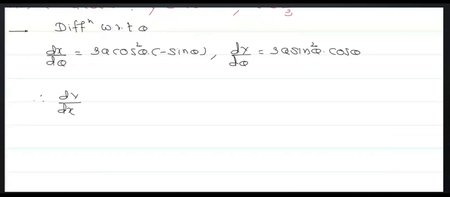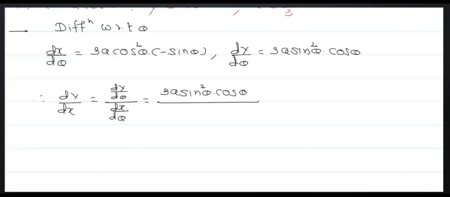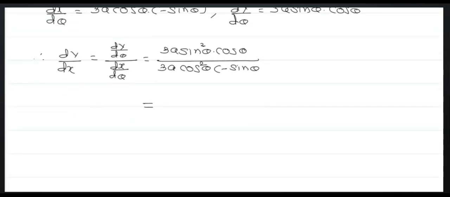Now take the ratio. Therefore dy upon dx is equal to dy upon d theta upon dx upon d theta, which equals 3a sin square theta into cos theta upon 3a cos square theta into minus sin theta. Now 3a and 3a get cancelled, one cos and one sin get cancelled, and then you will get minus tan theta.